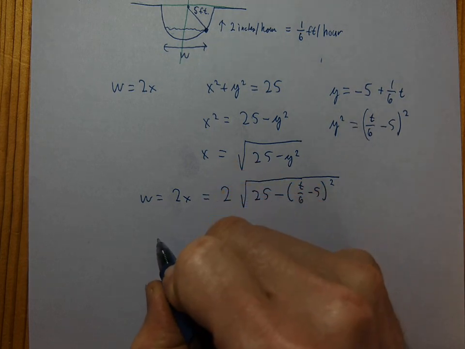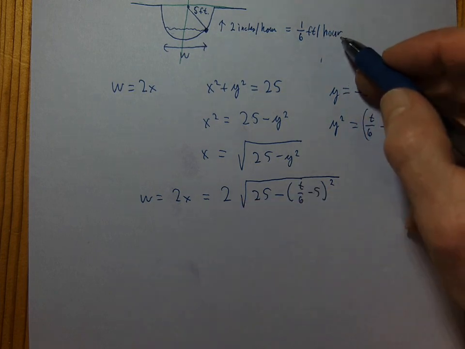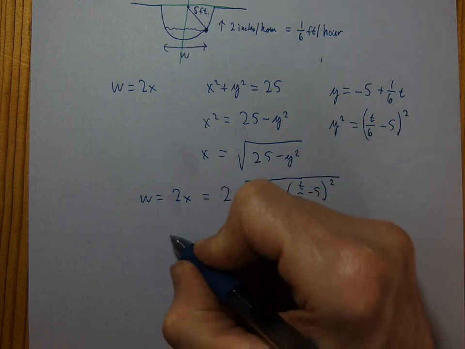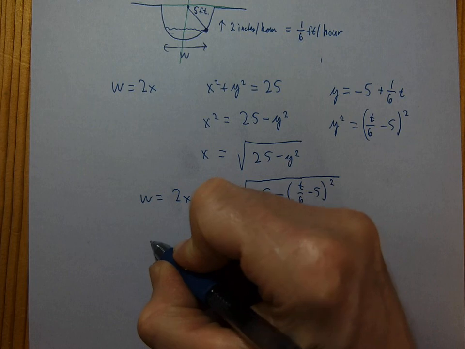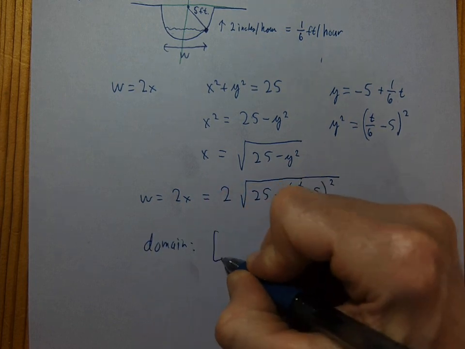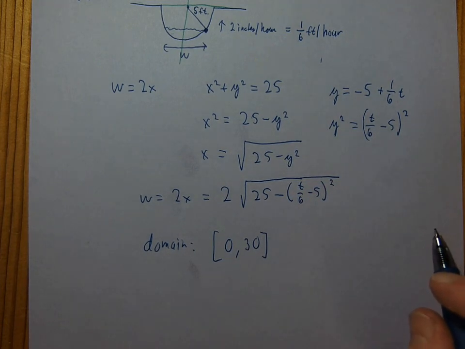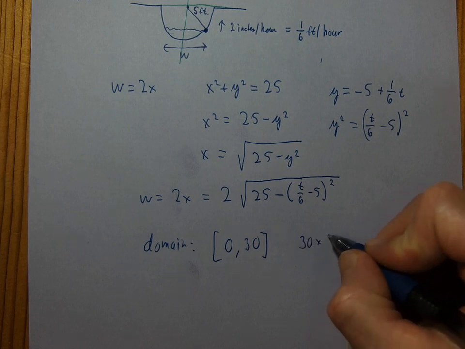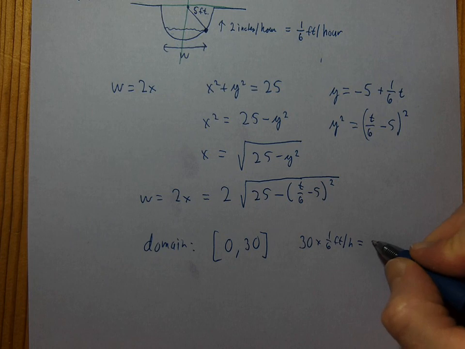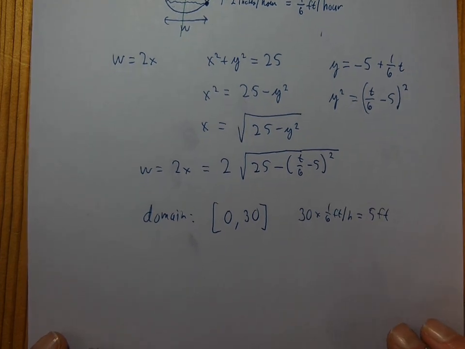So 6 hours for 1 foot, we have 5 feet, so it's going to be 30 hours. So in 30 hours, it's going to be overflowing. So our domain for time goes from 0 to 30 as far as hours, because again, 30 times 1/6 feet per hour is 5 feet, and then it's overflowing, and we're at the end of our problem.